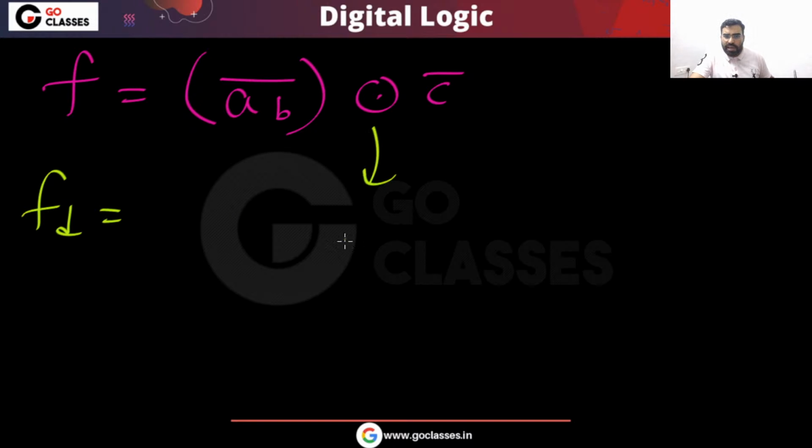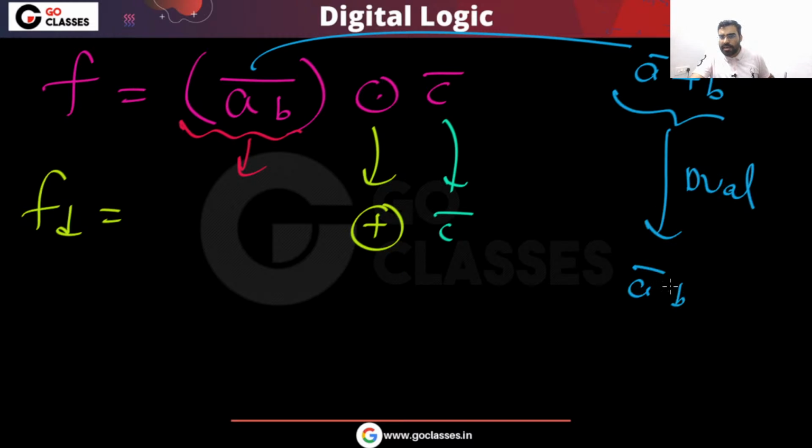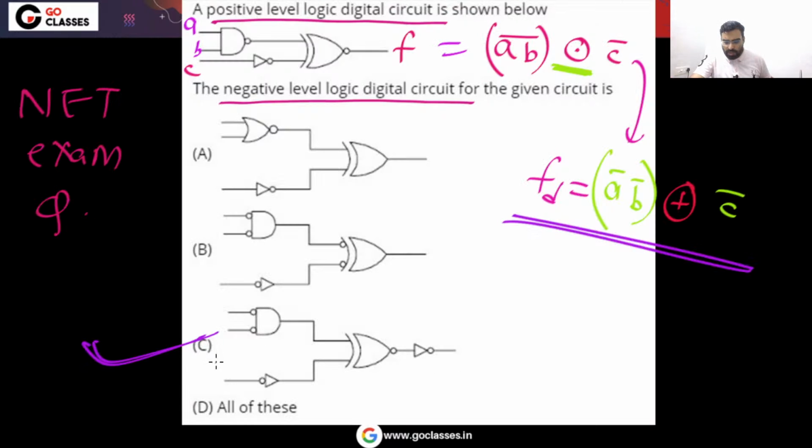You know the dual of XNOR is XOR, the dual of C bar is C bar, and this is A bar plus B bar, whose dual is A bar B bar. So your dual will be A bar B bar XOR C bar. So that is option C. So the answer is option C.